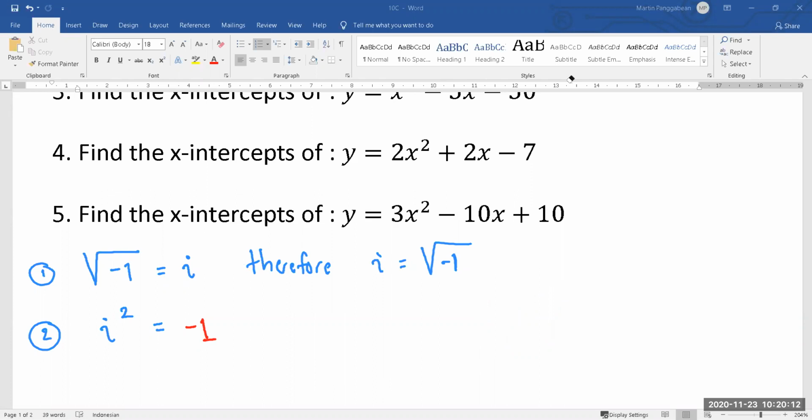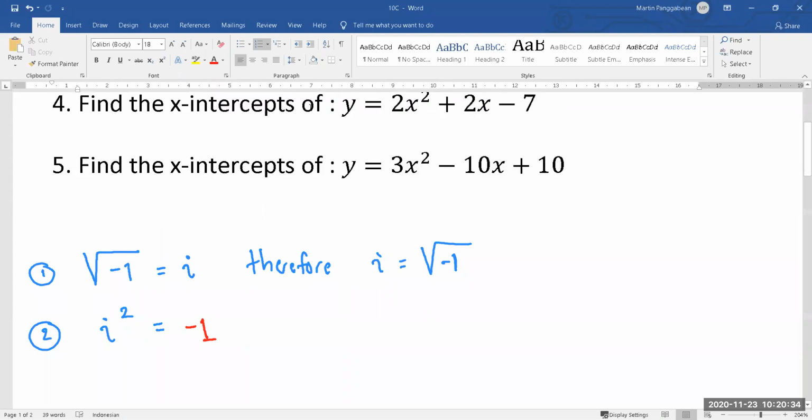Any questions up until now? I hope it's clear. So again, if you have the discriminant equal to or less than 0, from now on, you find the values in i terms, okay?